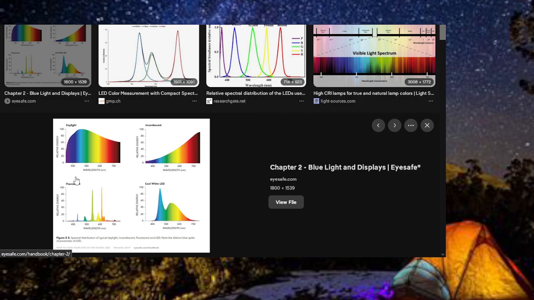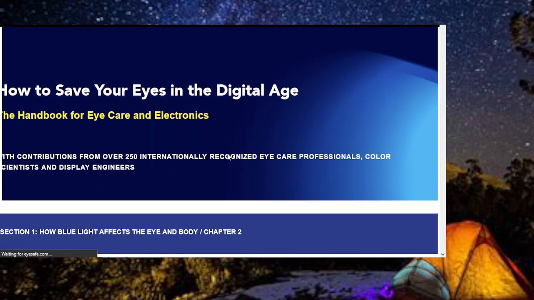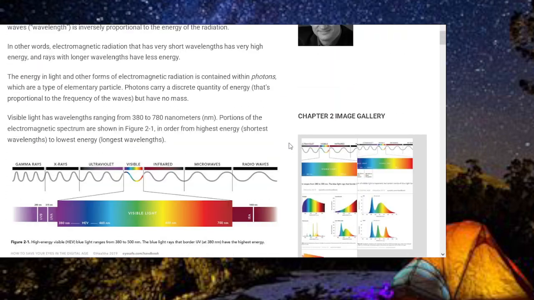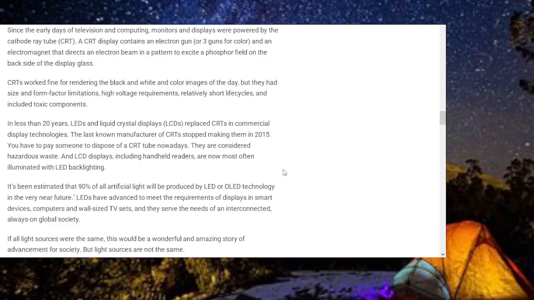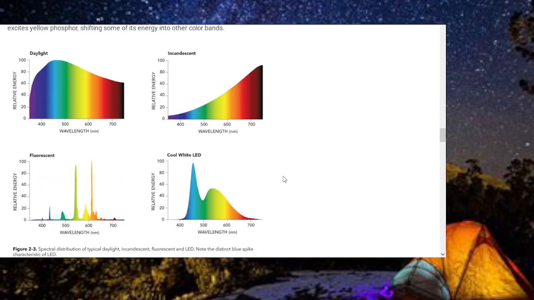Relative energy. Daylight, incandescent, fluorescent, cool light LEDs.